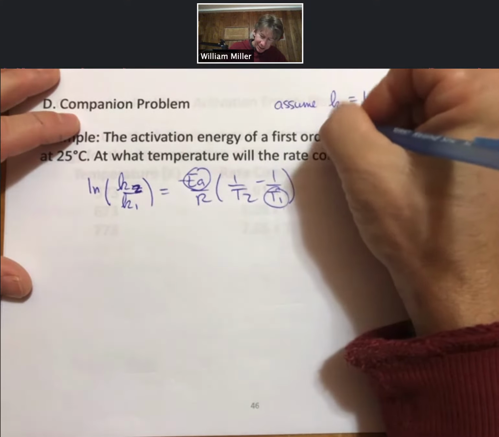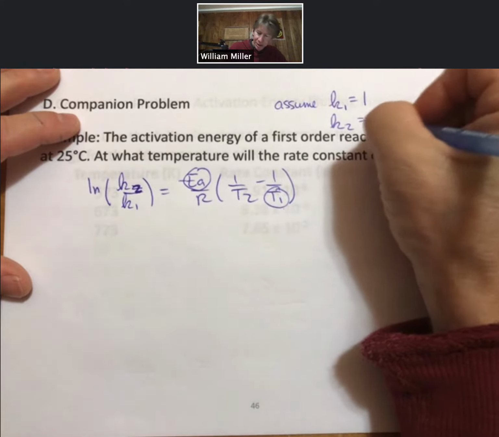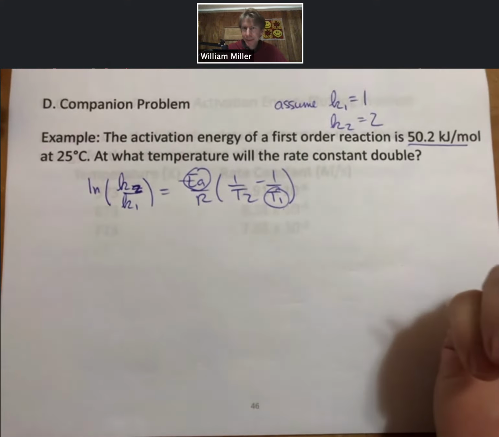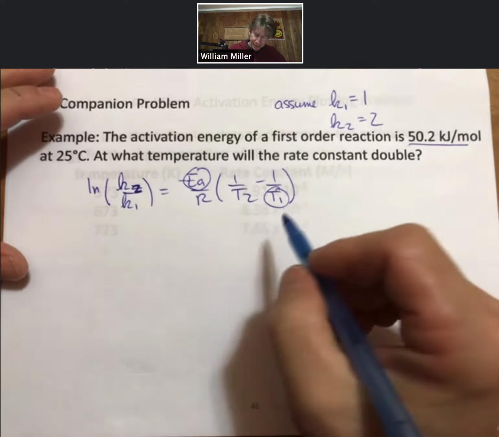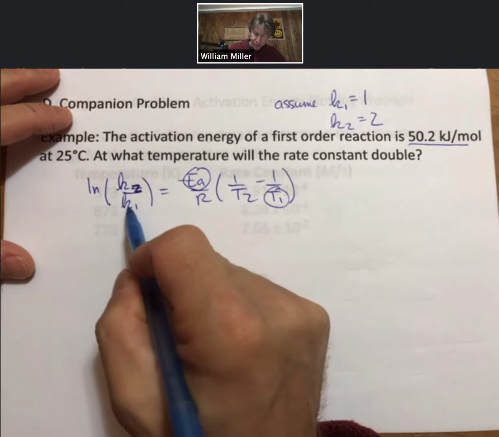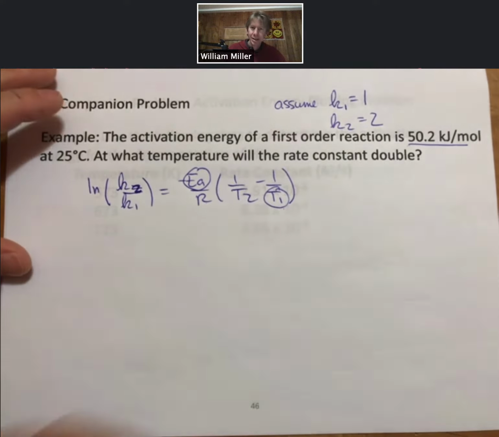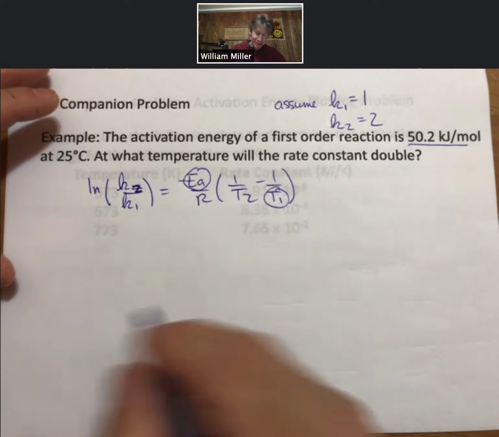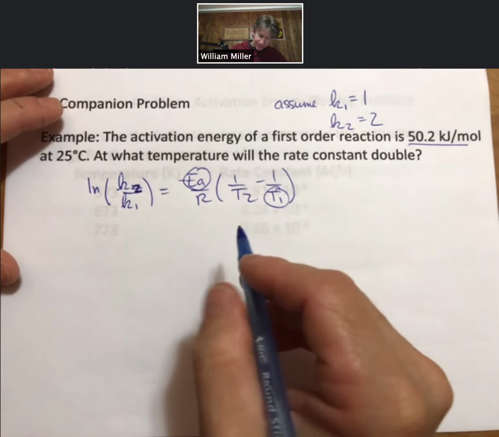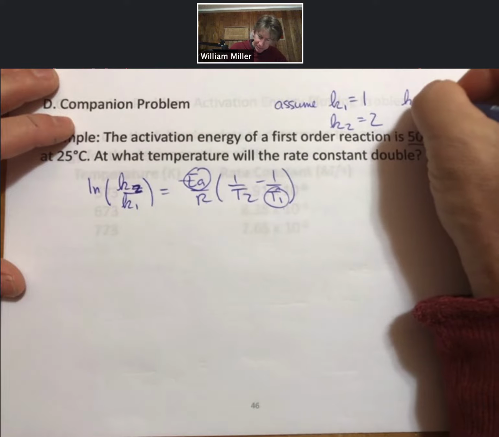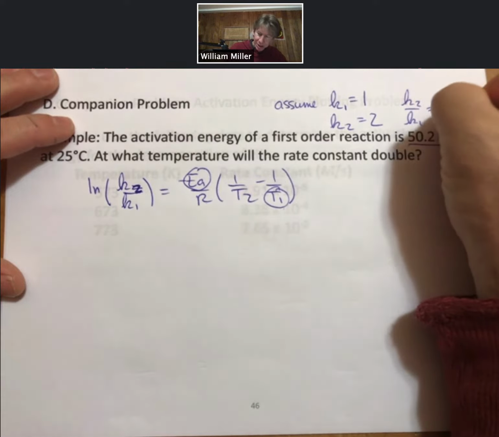That means that K sub 2 equals 2 because it doubles. That's all it means. And so now I have both of these. I have R. The only thing I don't have is T2. And so just K2 divided by K1 will just be 2.